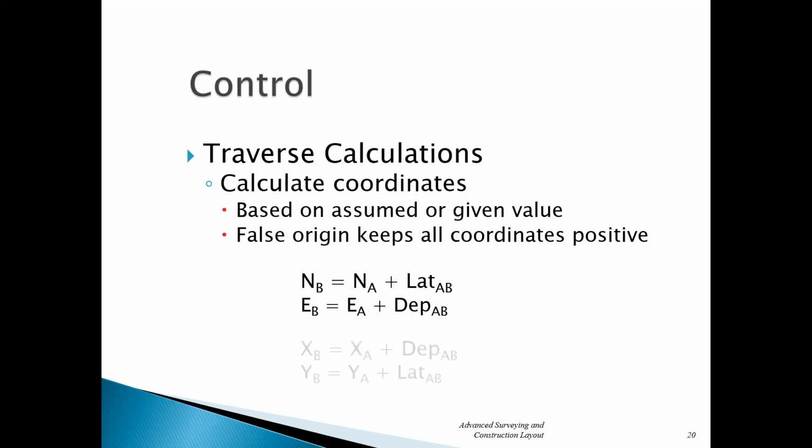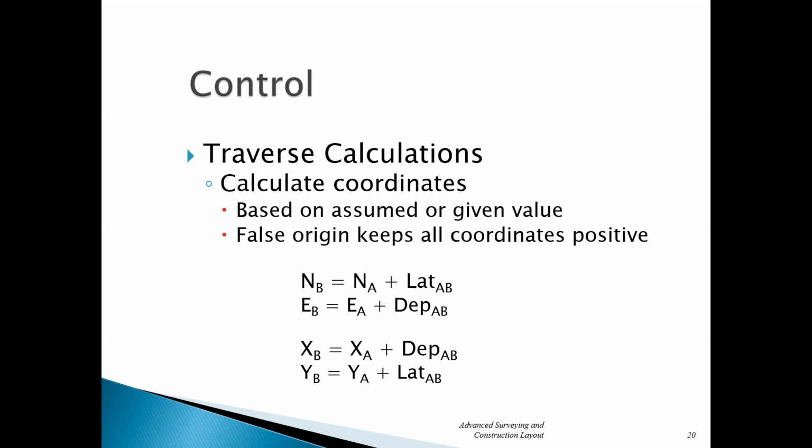Okay. So if you're using X's and Y's, you have to flip latitude and departure, because X is going to be in a departure direction and Y is a latitude direction. And the reality, in my experience, is most people do not work in X's and Y's in the land type of business or layout. Most everybody works in a northing and an easting.